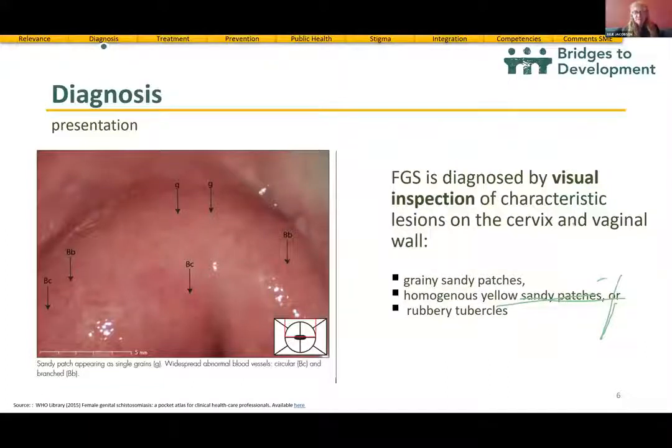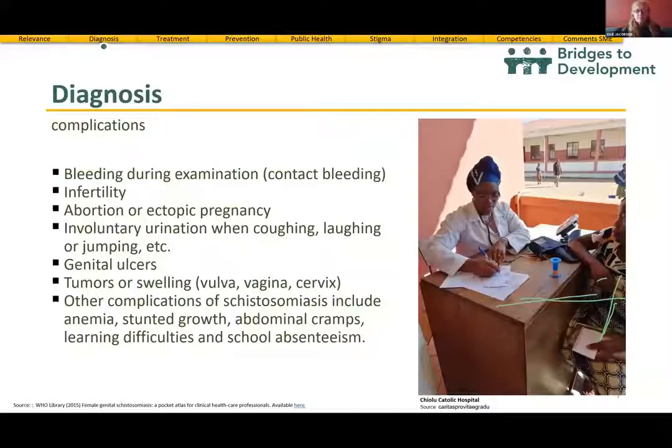They have a yellowish color, these homogeneous yellow sandy patches, and rubbery tubercles. When there are questions on this, we have several people in the SME group who can give you more ideas about what you find on exam. In the picture here, the arrows are indicating different areas of abnormal blood vessels and of these grainy sandy patches.